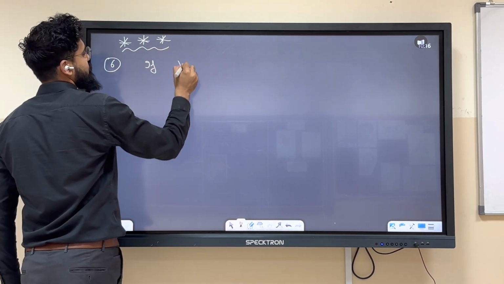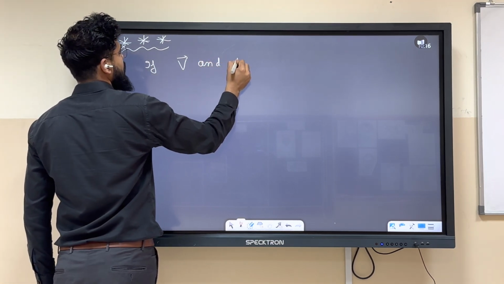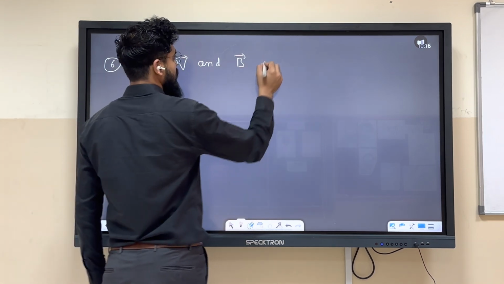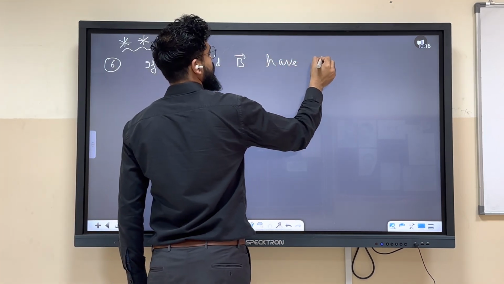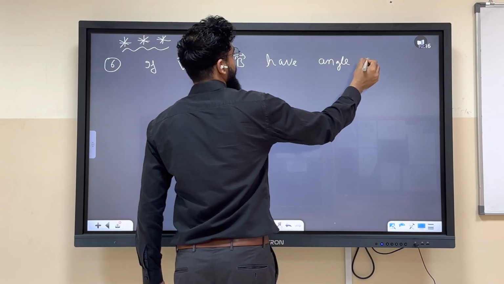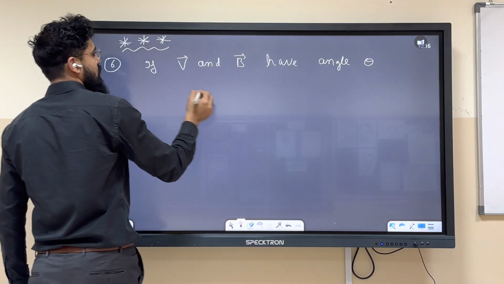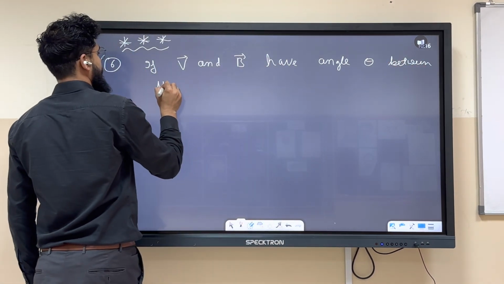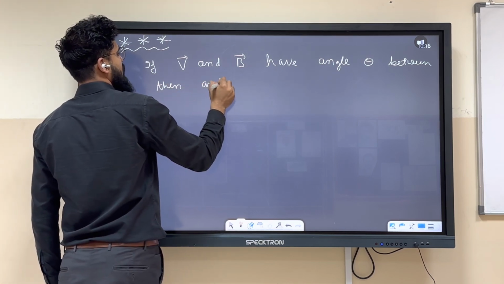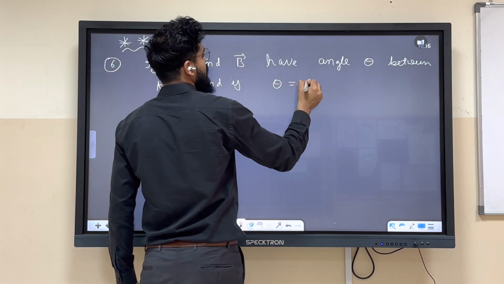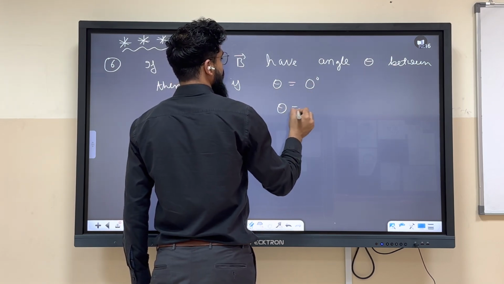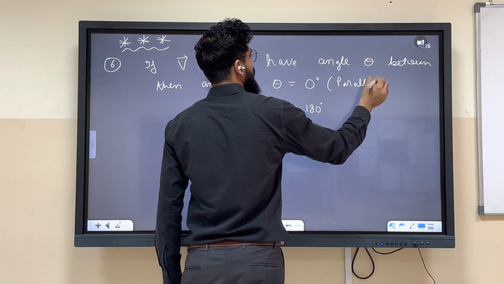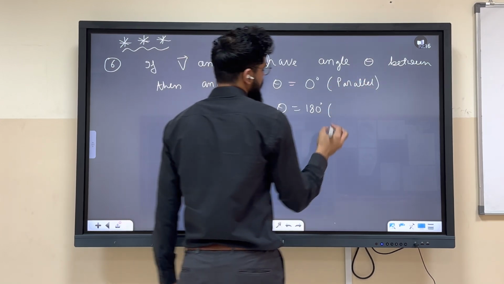If V and B have angle theta between them, and if theta is 0 degree or theta is 180 degree, this is for parallel, this is for opposite direction or anti-parallel.